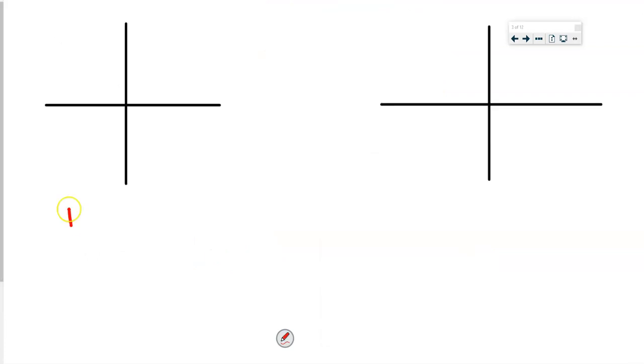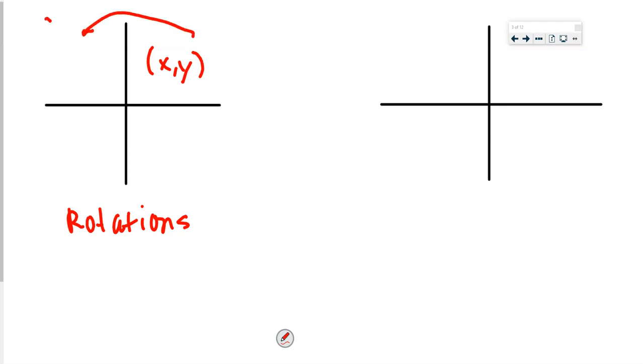So we're going to go over rotations here, okay, and then we'll go over reflections over on the right, okay? So these are rotations. So if we start with our x and our y here, remember if we go 90 degrees, and that's counterclockwise, and that's normal, right? Counterclockwise is normal. Our value here would be negative y, x, okay? And remember, this is also 270 degrees clockwise, right? Okay, then when we get down here, this is 180 degrees.